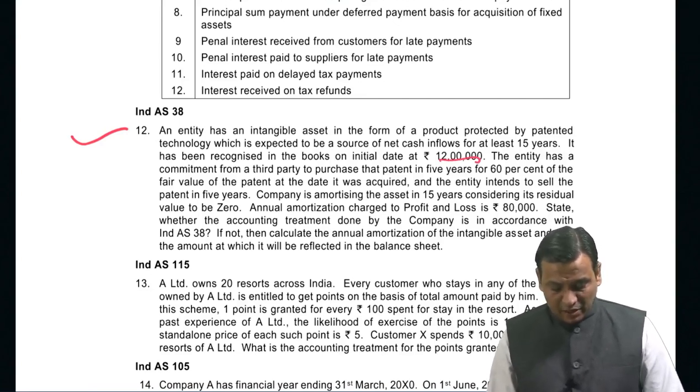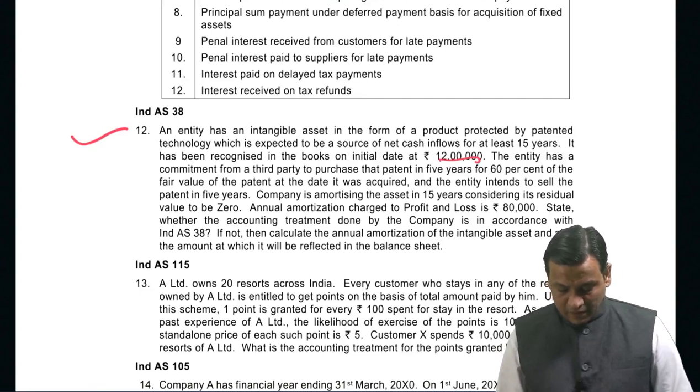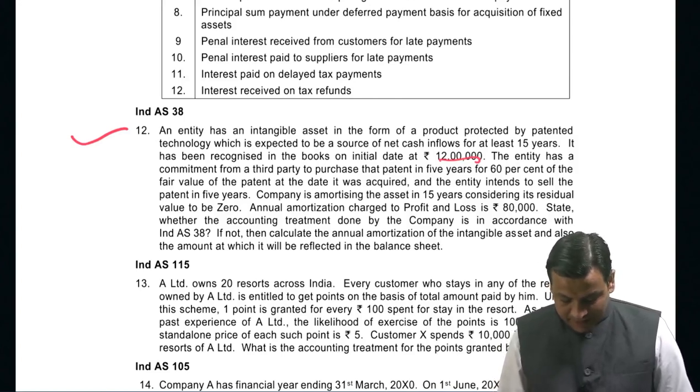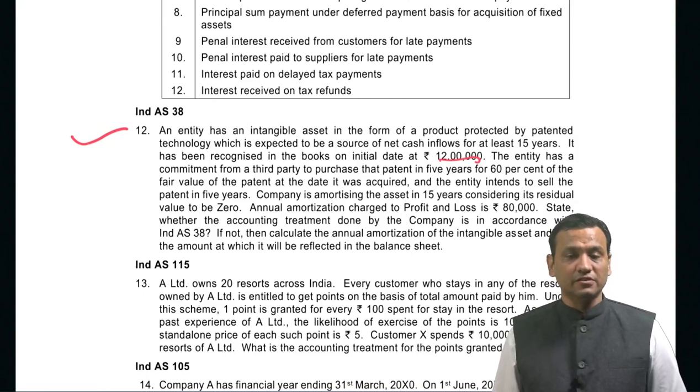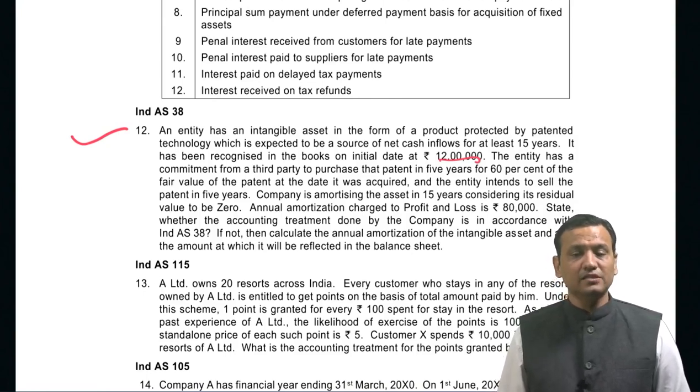The entity has a commitment from a third party to purchase that patent in 5 years for 60% of the fair value of the patent at the date it was acquired, and the entity intends to sell the patent in 5 years.